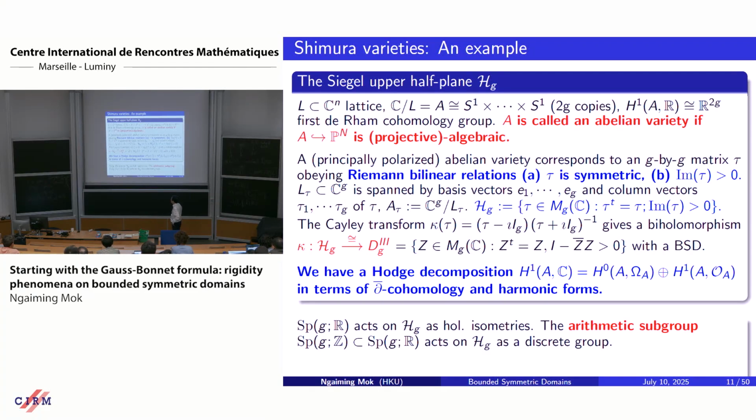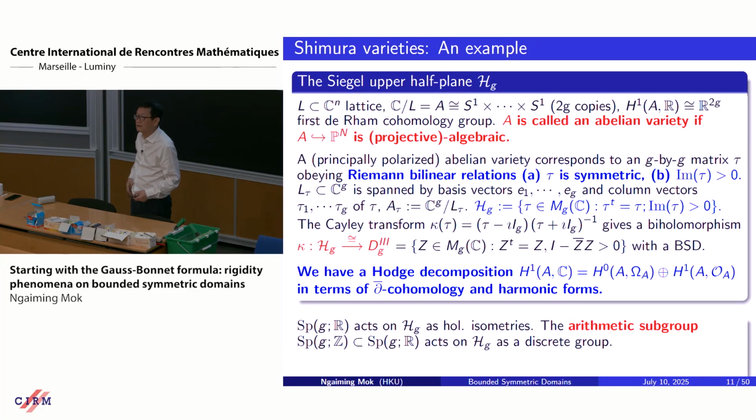Okay, so the symplectic group acts on Hg, and the arithmetic subgroup acts on Hg as a discrete subgroup. So then this gives you the analog of SL(2,Z), and this parameterizes the space of principally polarized abelian varieties. So it's this quotient which is one of the most important moduli spaces.